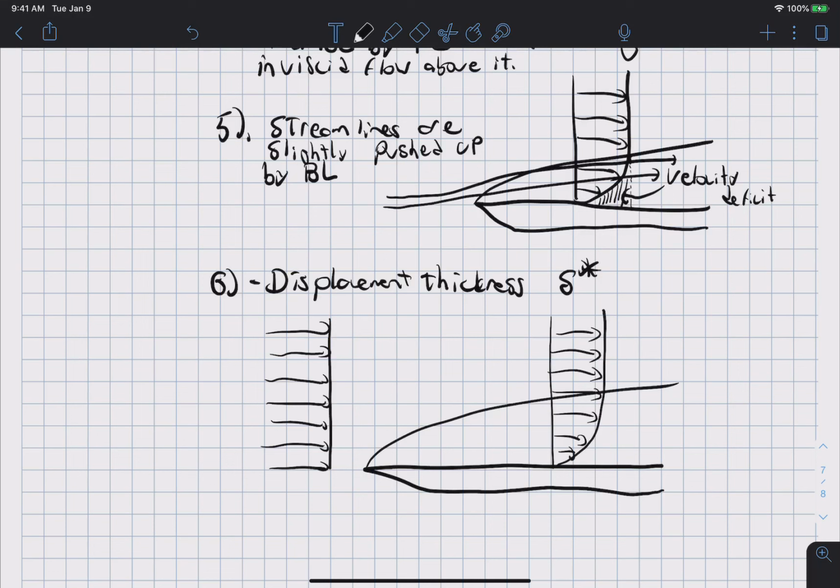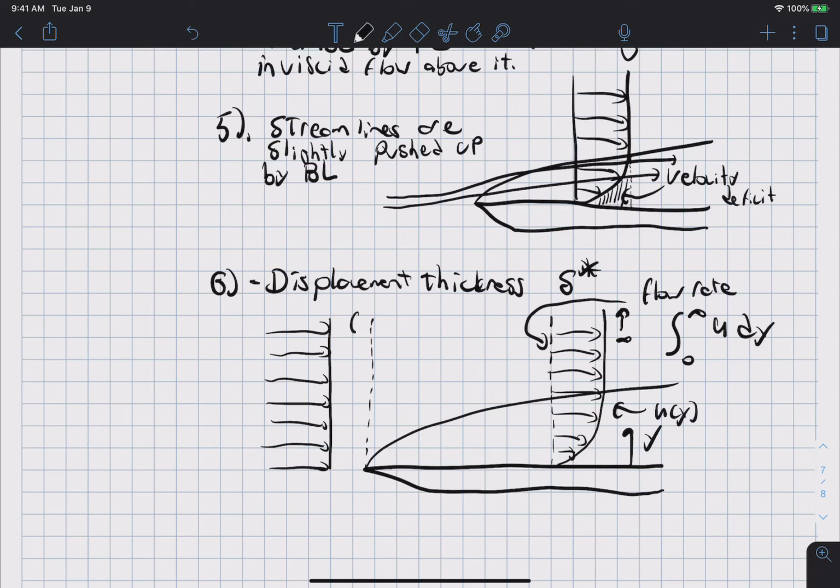If I draw a control volume, or if I just draw a dash surface here, and a dash surface here, and I compute the flow rate through here, which would be the integral from 0 all the way up to infinity of u dy, where y is the vertical coordinate and u is u of y.